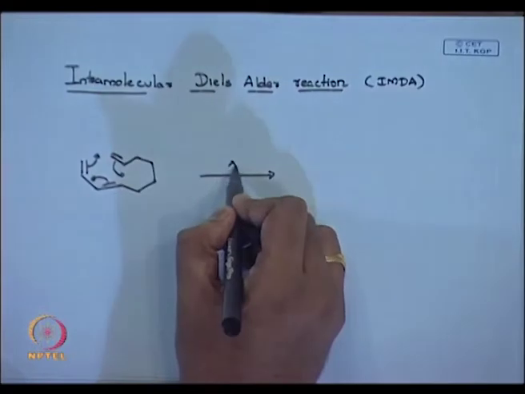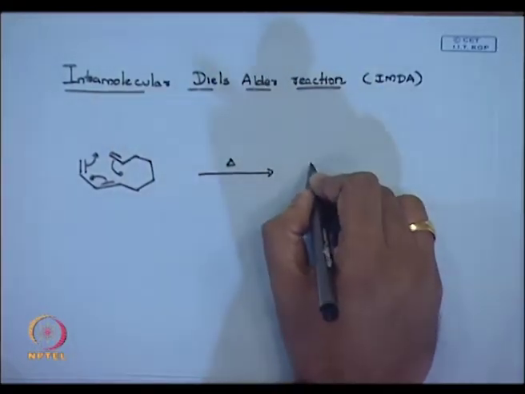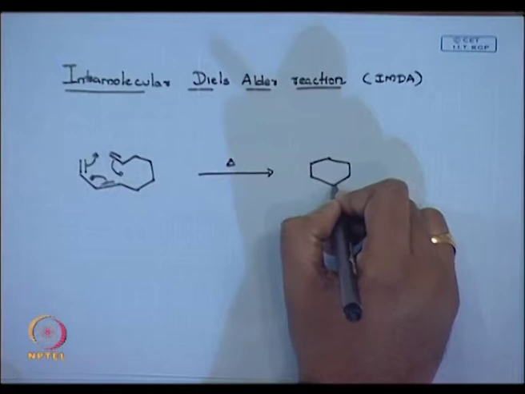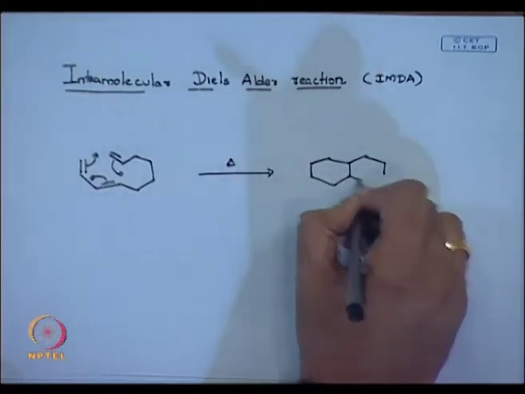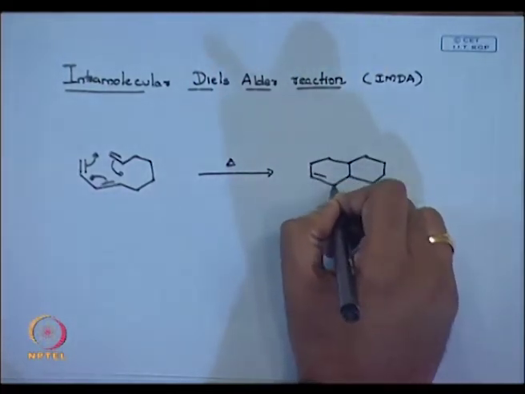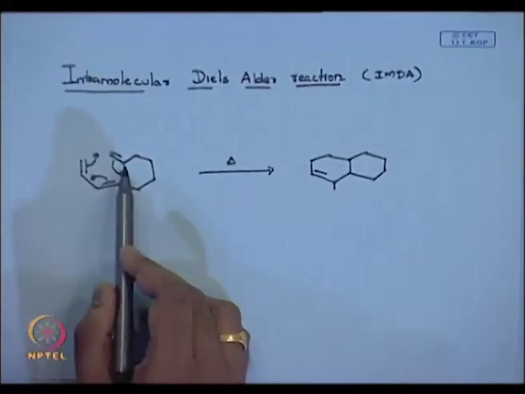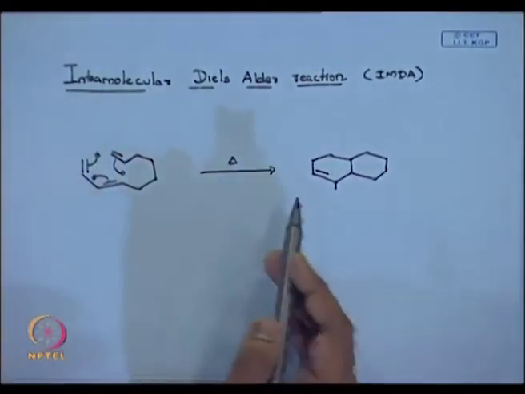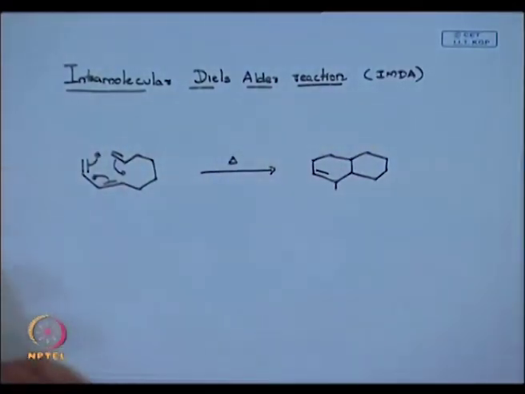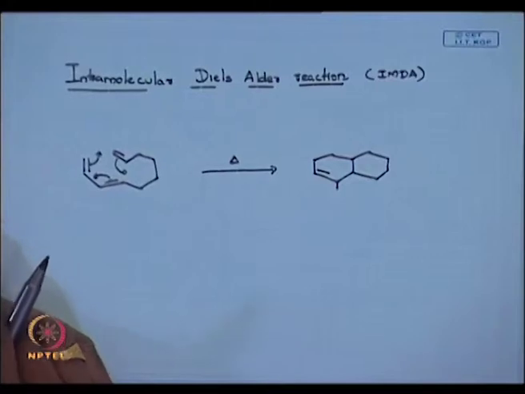If you heat this you can get your cyclic ring system, like a decalin type of system. This is your simplest Diels-Alder reaction. You have a diene and a dienophile within the system and you heat it, you get your Diels-Alder reaction. The stereochemistry is really interesting because you are trying to fuse a ring.